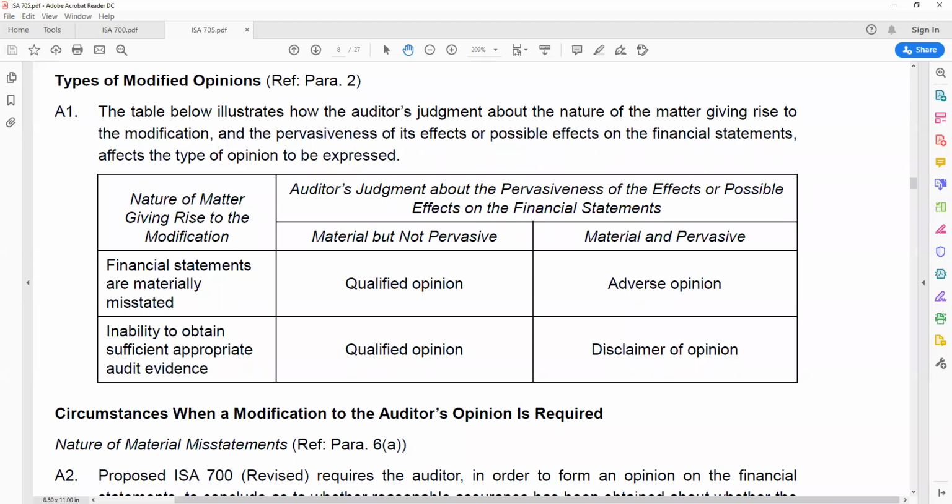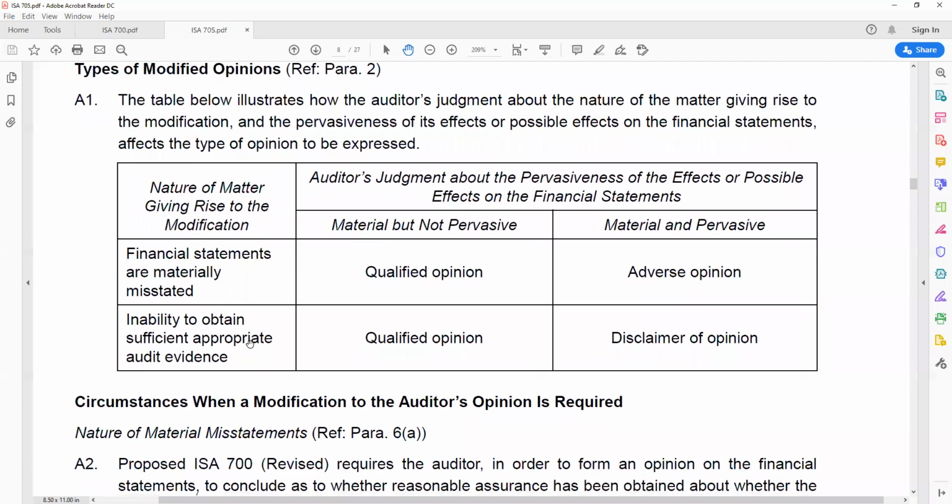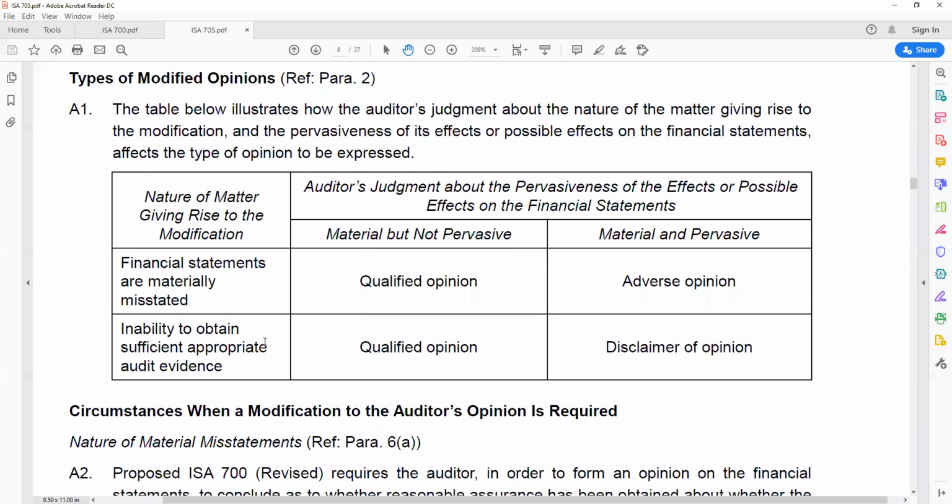When it comes to modification, if the nature of the matter giving rise to the modification is scope limitation, and the matter is material but not pervasive, then you issue a qualified opinion.